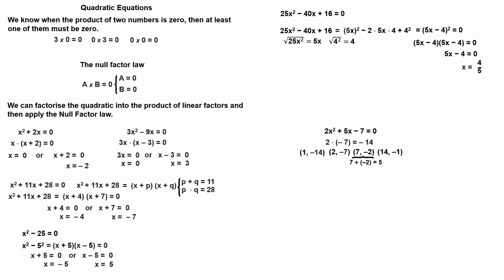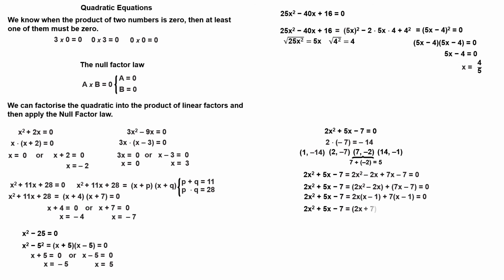So we split the middle term, replace 5x with 7x and minus 2x in the order which helps to get common factors. Group the 4 terms to form 2 pairs. Factorize each pair by finding common factors. Factorize out the common binomial. 2x plus 7 is 0, or x minus 1 is 0.